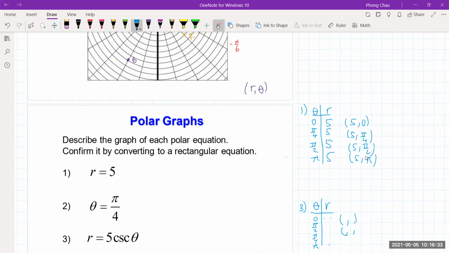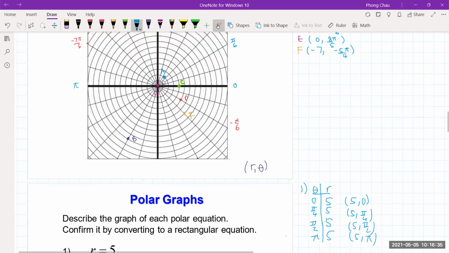Right, so we go back to the polar graph we have here. If you're going to graph them, you're going to graph (5, 0), (5, pi fourth). And notice these are the angles, okay? So if you're starting at the pole, you're facing 0, which is this ray, or pi fourth, or pi half, or pi, in all directions r is 5. So where are they? 1, 2, 3, 4, so you have 5 here.